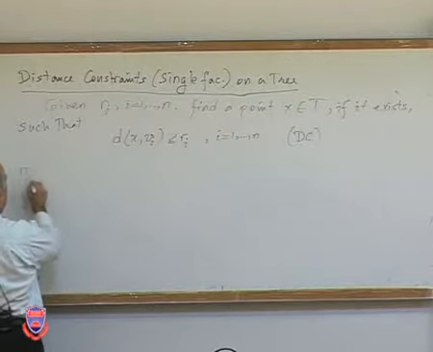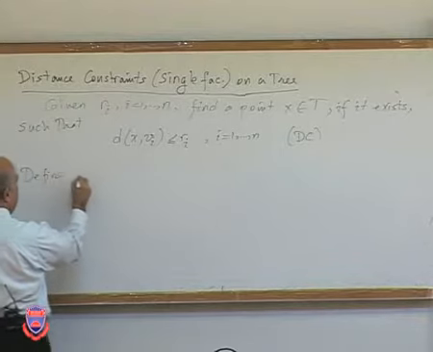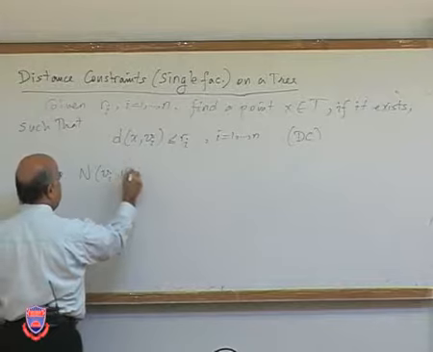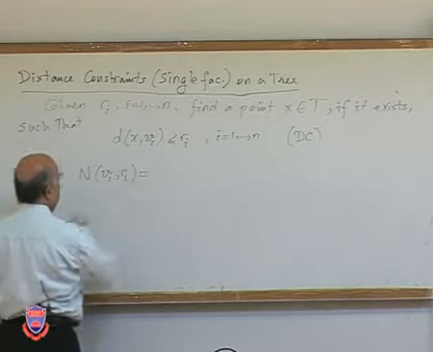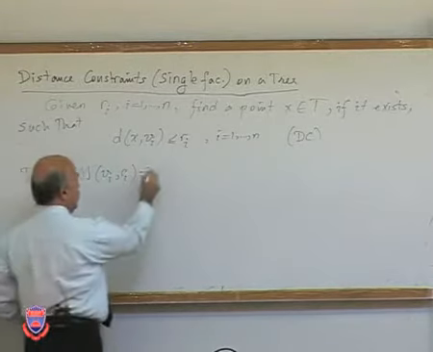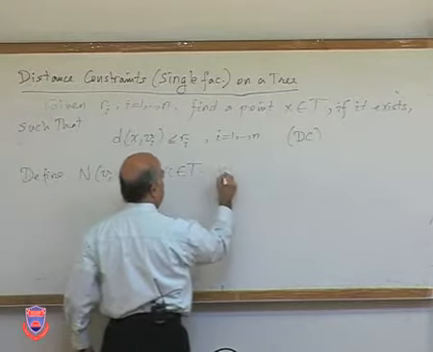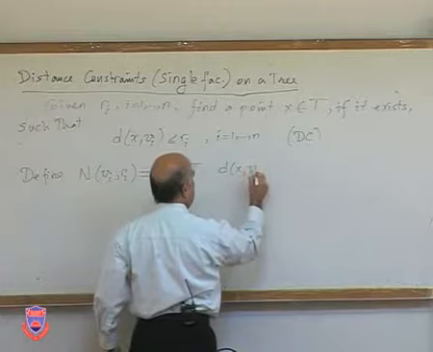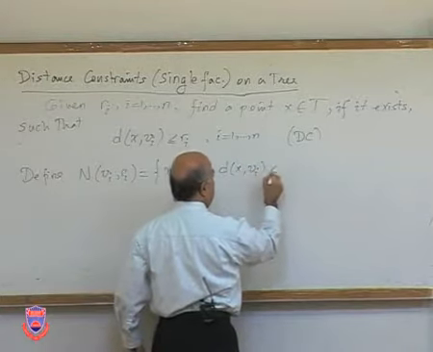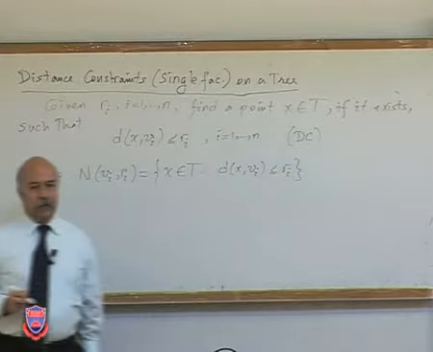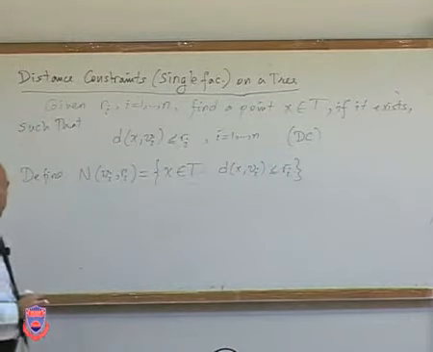First, we defined a neighborhood with this notation. M(vi, ri) simply consists of all points in the tree such that the distance between that point and vertex vi is no more than the upper bound. This is for each i separately.